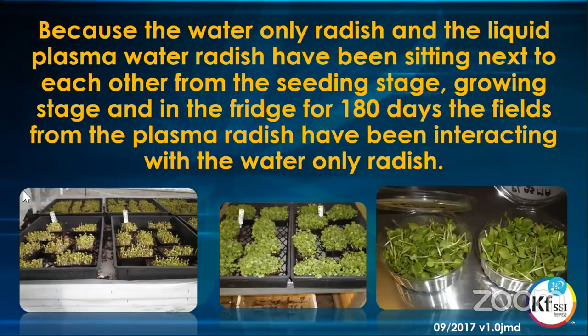Because the water-only radish and the liquid plasma water radish had been sitting next to each other, when we had soaked the seeds in the water, the 2 separate containers were sitting next to each other. When we put them out onto our tables to grow, you can see the trays were sitting next to each other, even while they were growing. And then while these containers were sitting in the fridge for so long, they were either next to each other or on top of each other, but they were always next to each other.